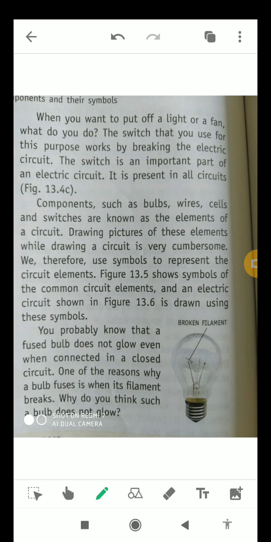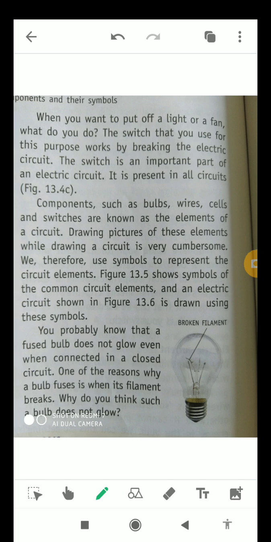The switch is an important part of an electric circuit. It is present in all circuits. It is one of the most important elements of the electric circuit by which you can turn the device on or off. So components like bulb, wires, cells, and switches are very important components of the circuit, also known as the elements of the circuit.